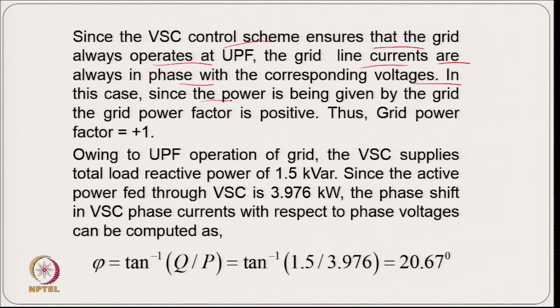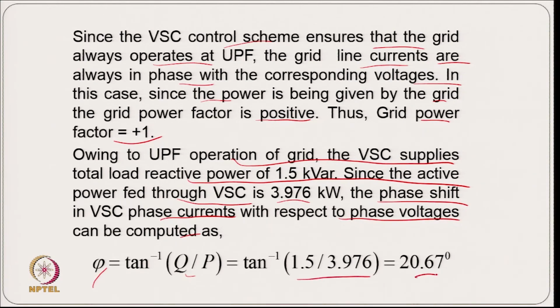Since the grid power factor is 1, owing to the UPF operation on the grid, the VSC supplies the load reactive power of 1.5 kVAR, and the active power through the VSC is 3.976 kilowatt. So, the phase shift of the VSC current with respect to the voltage is phi equal to tan inverse Q upon P, and calculating from this it comes 20.67 degree.